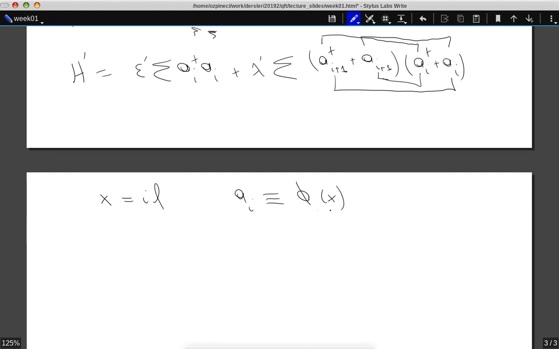So essentially at every space-time point I'm assigning an operator. And since space-time points are not countable, I cannot just count them one by one. So that's why I'm changing my label.